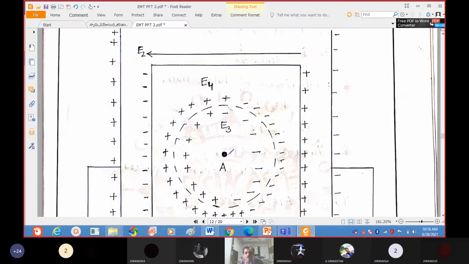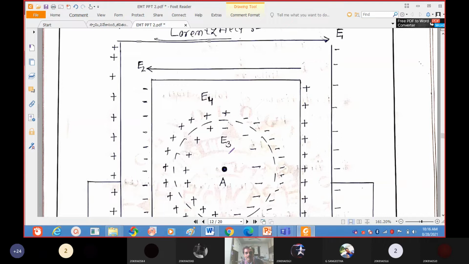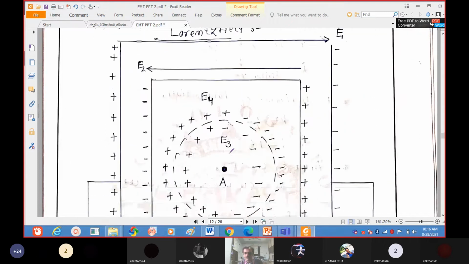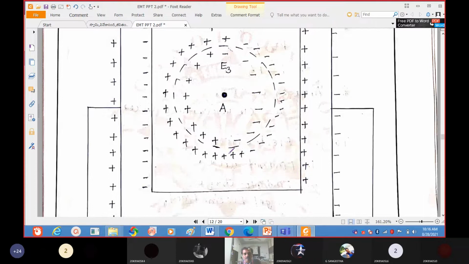That electric field we call the internal field, or local field or Lorentz field. If they ask to find the Lorentz field in a dielectric material, or to find the electric field inside the dielectric material, you can write this.